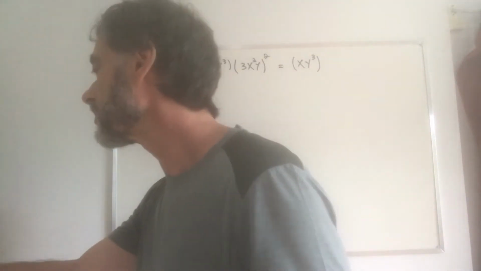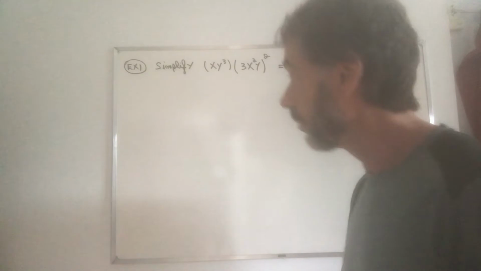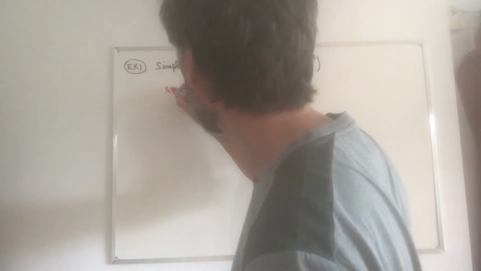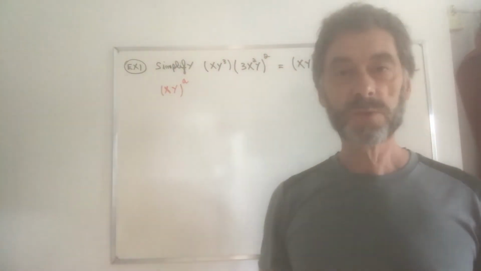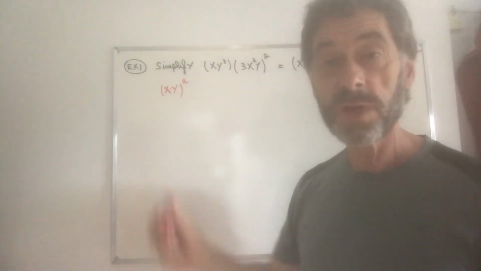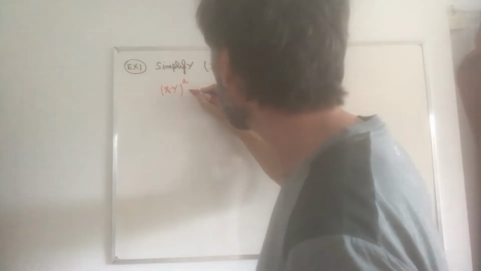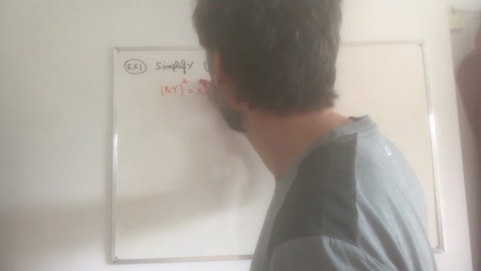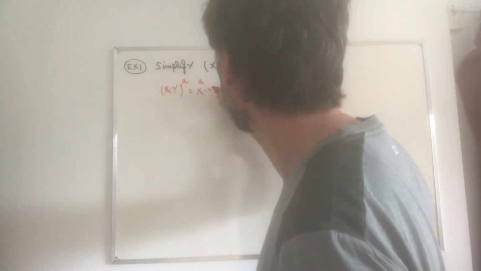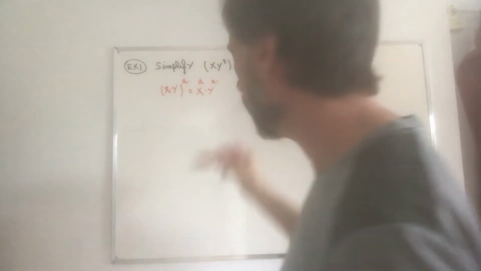Well, of course, if you allow me a little bit of a change of color here, the rule that I want you to remember for this example is this one: x times y to the power of a. This is a multiplication, of course. So what is that rule? This is x to the a multiplied by y to the a.